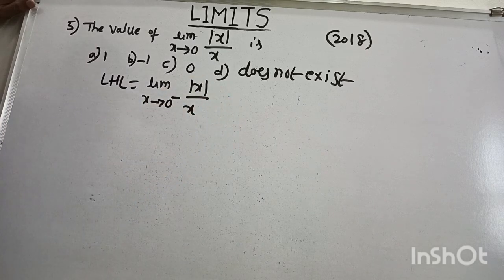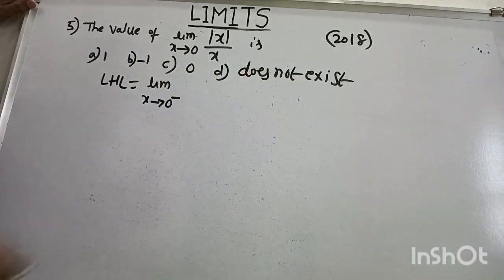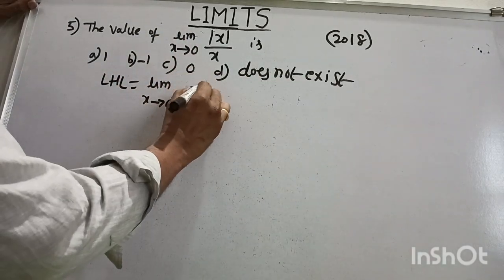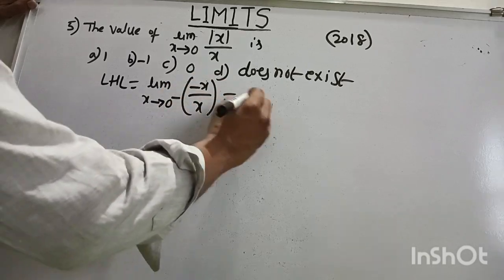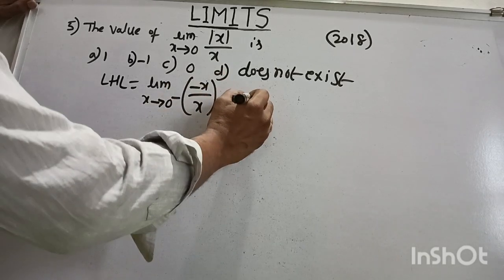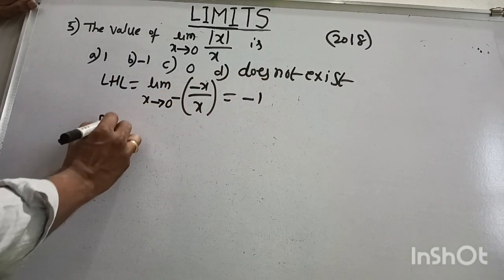For the left hand limit, mod x is taken as minus x. So minus x divided by x is minus 1. The left hand limit value is minus 1.